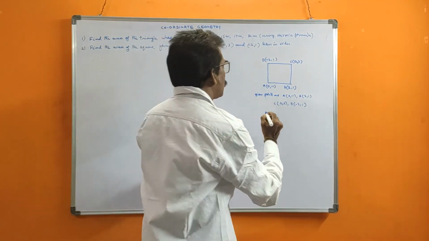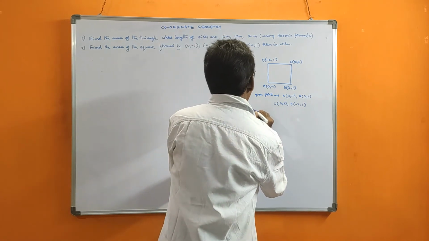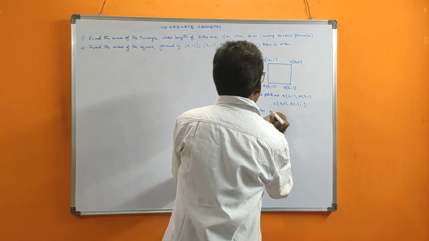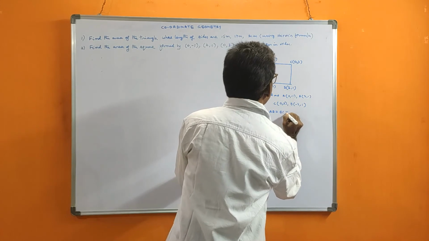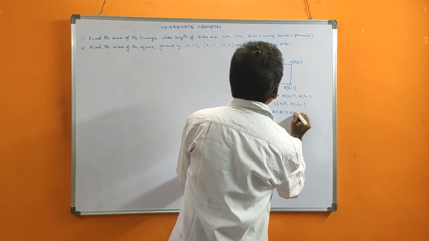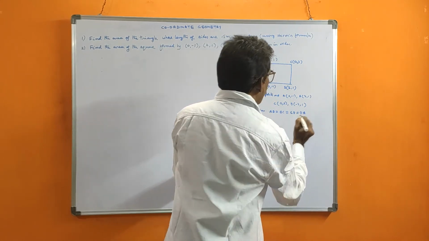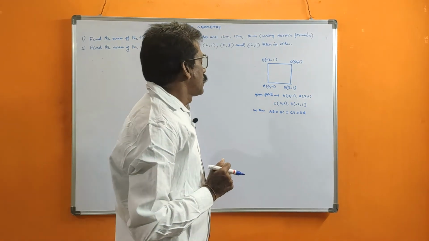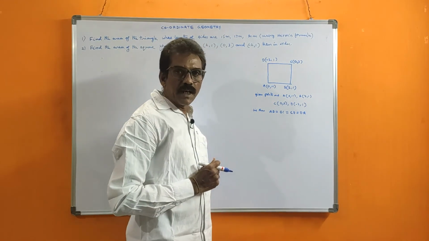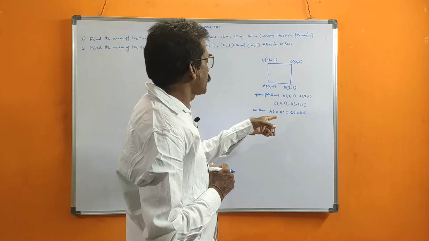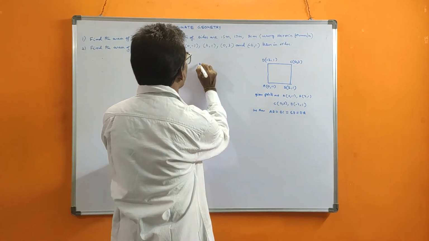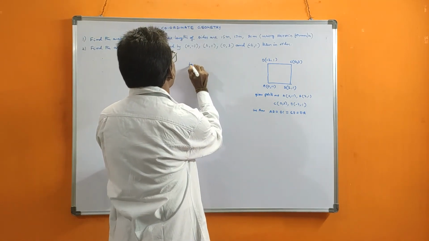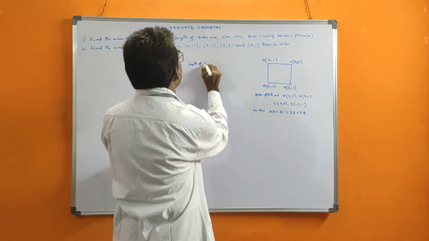Area of a square is what? Side into side. Because this is a square, we know AB is equal to BC is equal to CD is equal to DA. So that's why area of the square is side into side. So any side you calculate; I am calculating the length of AB.